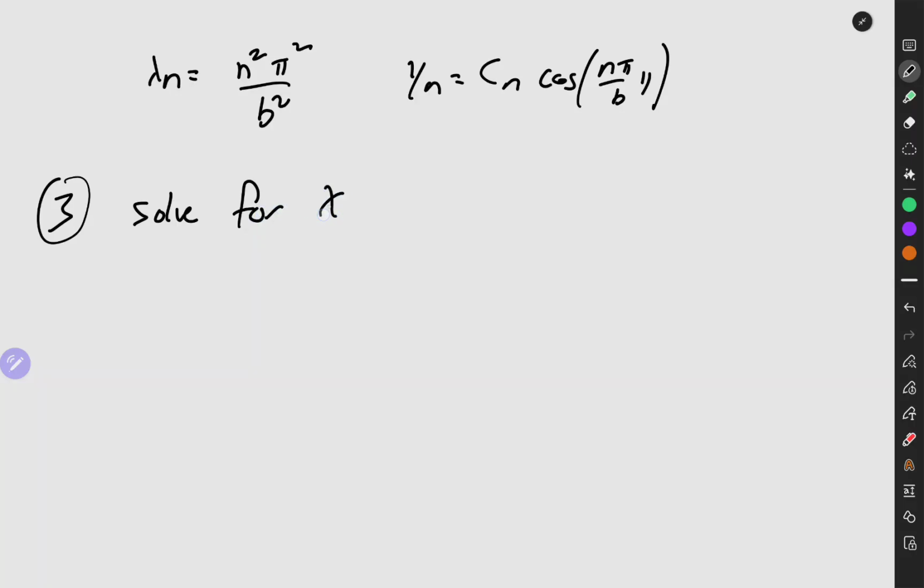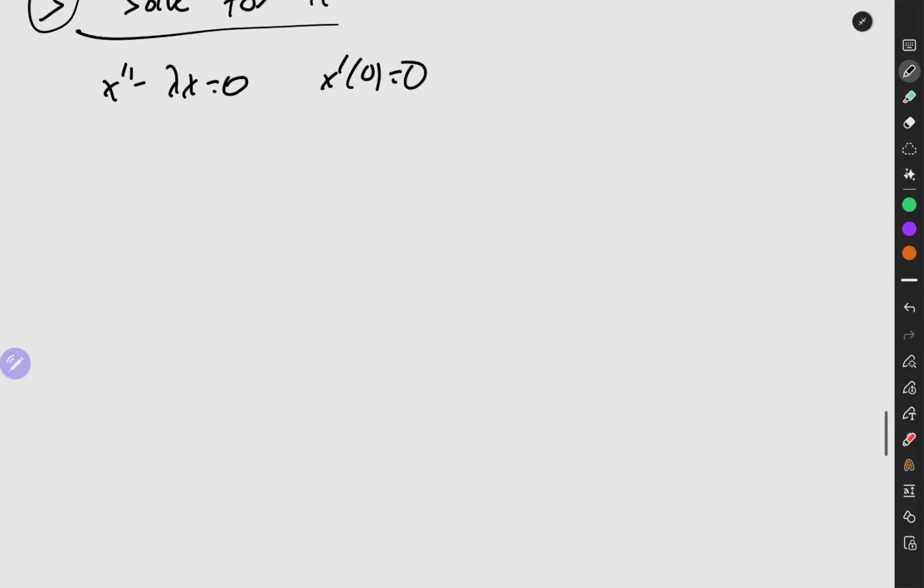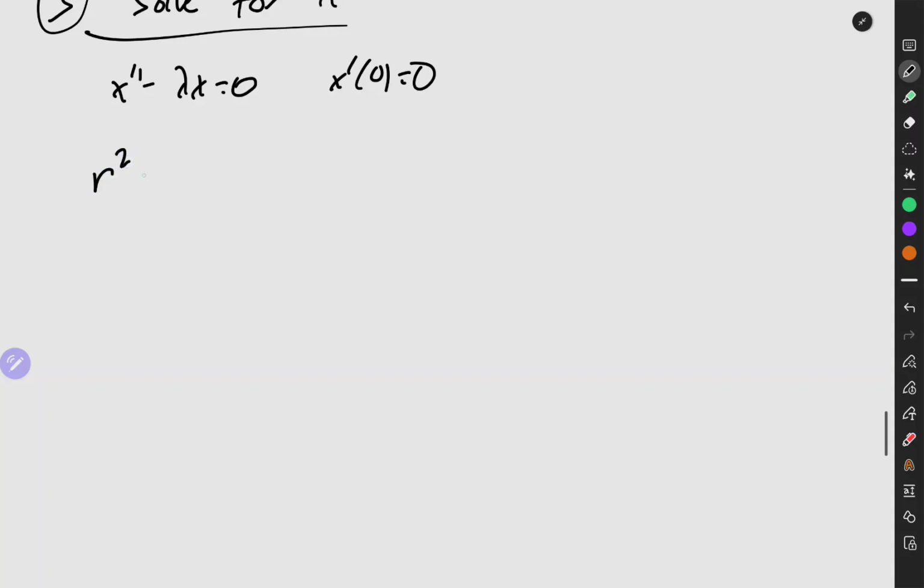Solve for x. We had this equation here with the other one. We had this boundary condition. Let's go ahead and solve the characteristic, plugging in for mu.